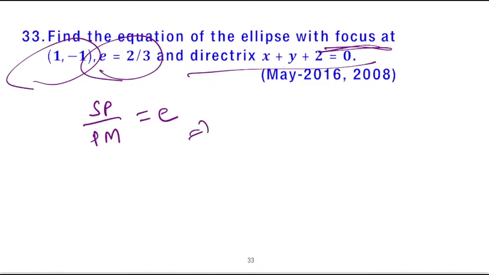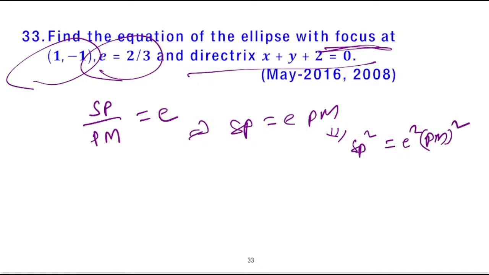So SP is equal to e PM, so SP square is equal to e square PM square.